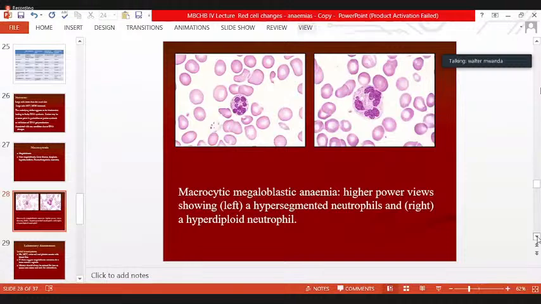There are also changes in the white cells, specifically the neutrophils. The neutrophil will have more than 5 nuclear segments. You may know that the normal is between 3 and 4. When we have 5, if we have 6 or 7, it's almost definite we are dealing with a megaloblastic macrocytosis.